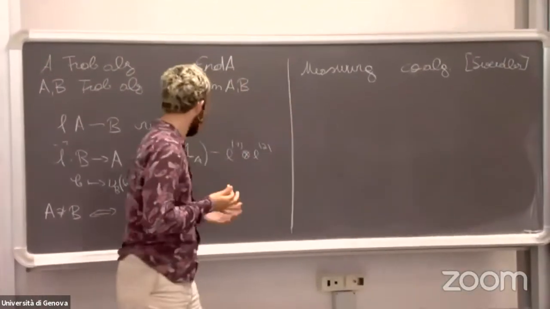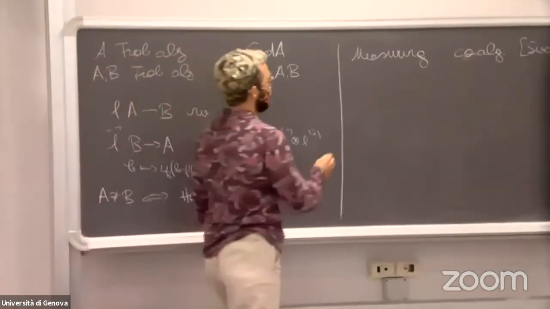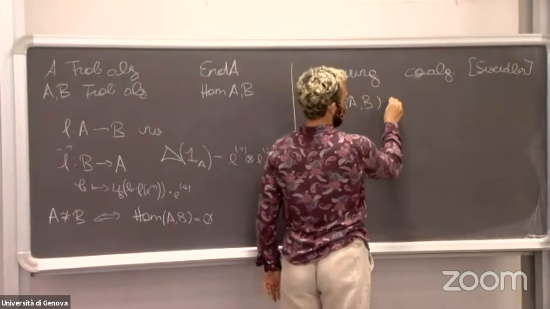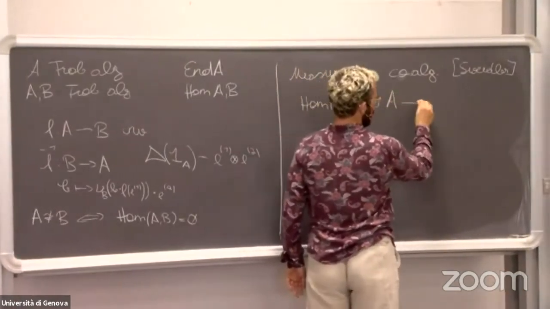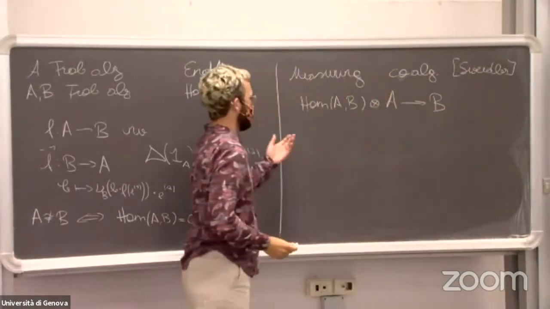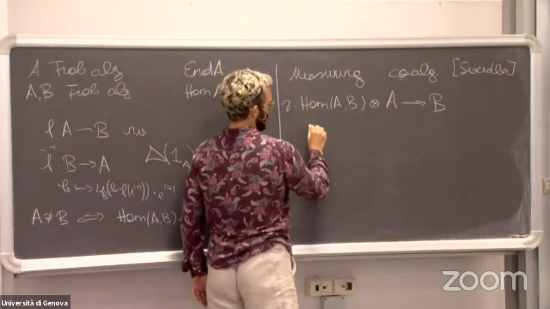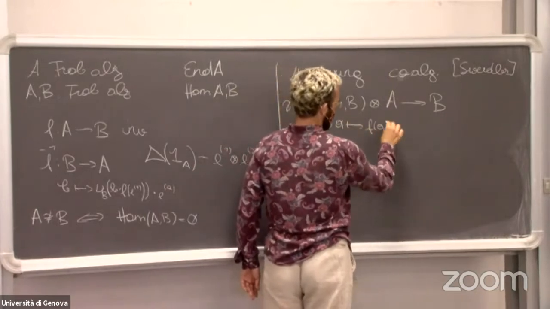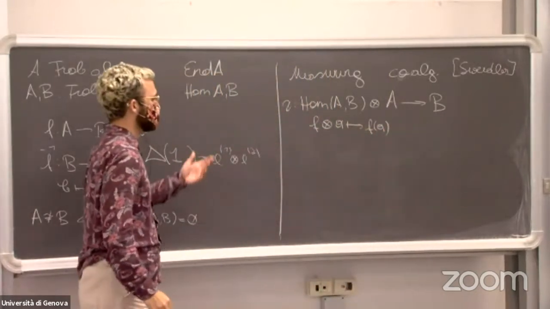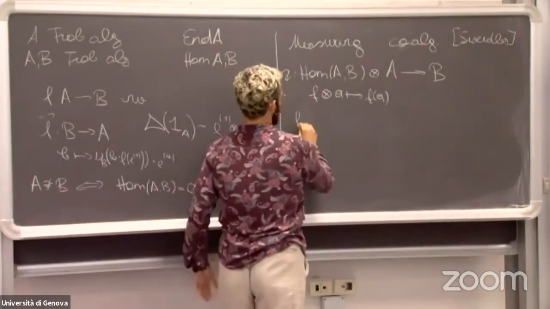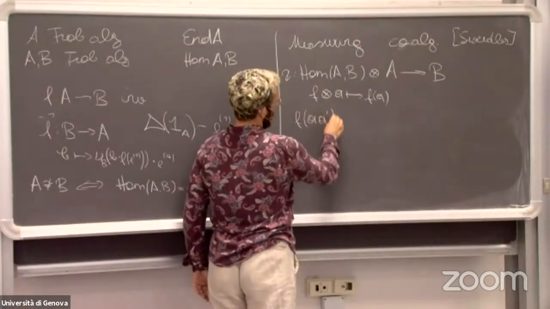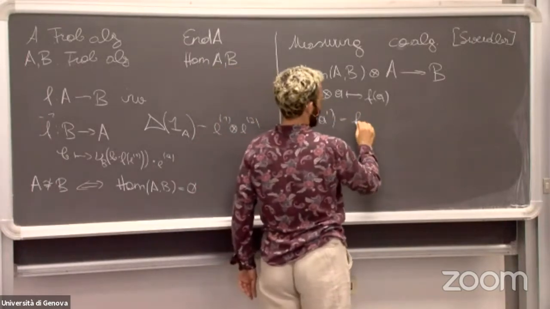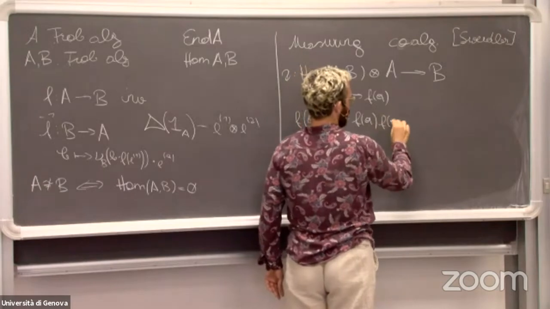The way of thinking of these ordinary Homs is I can look at a Hom and apply it to an A and I get something in B. So I get some map phi that assigns to F tensor A just the evaluation F of A. And for example, describing the property of multiplicativity, if I take two elements A and A bar, this is the same as F of A times F of A bar.